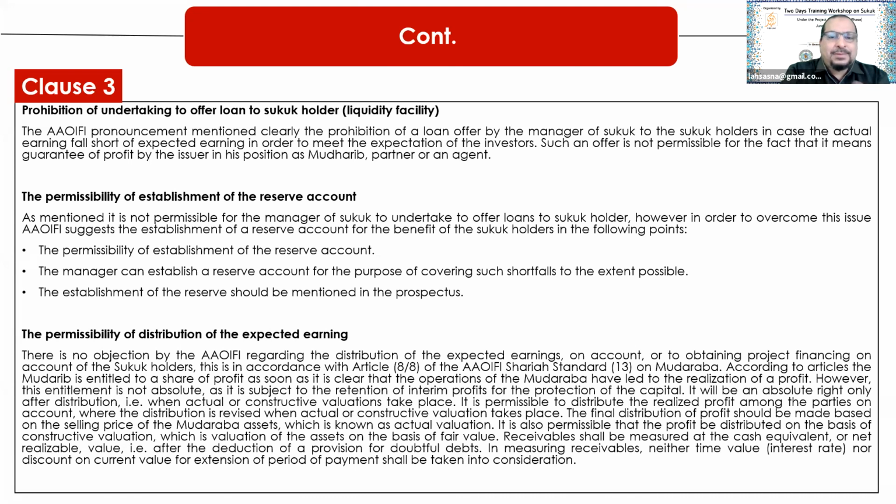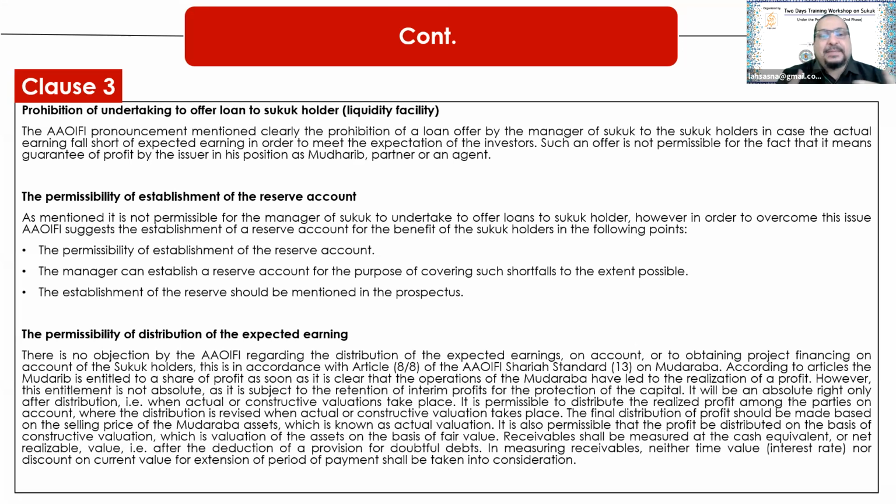In a nutshell, IOFI is saying create a reserve to manage your periodic payments in the future, but don't rely on the issuer to inject Qard Hasan if your account for the periodic payments to the investor is not sufficient.